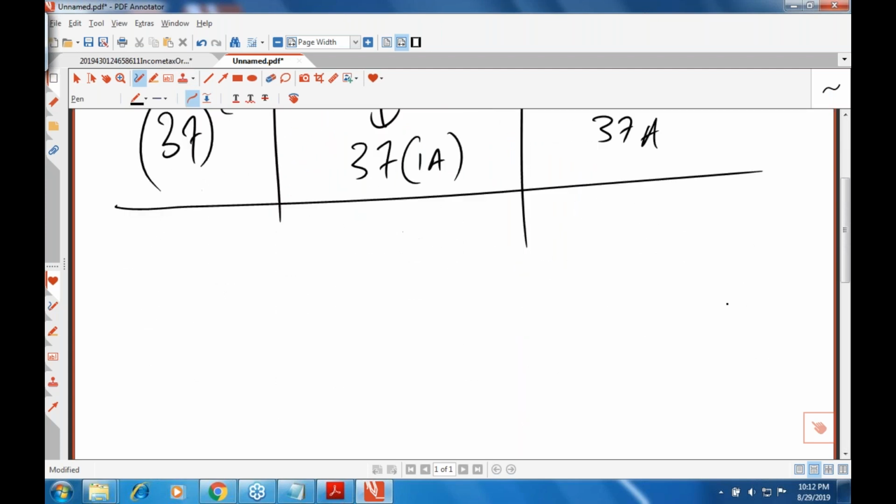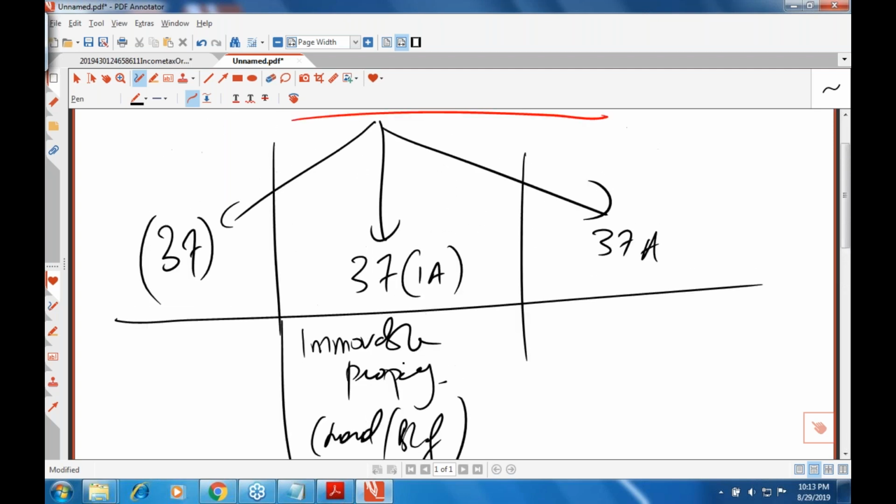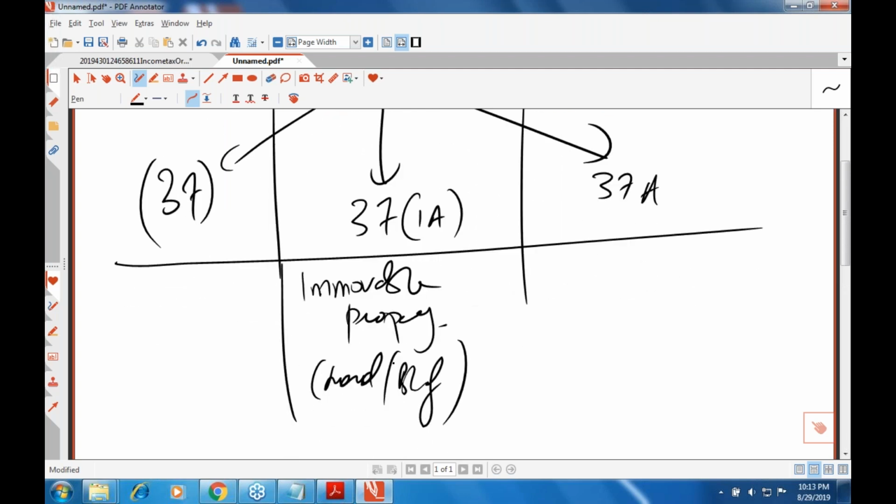Now, what exactly are they? Section 37 1A is about immovable property, which is land or building.